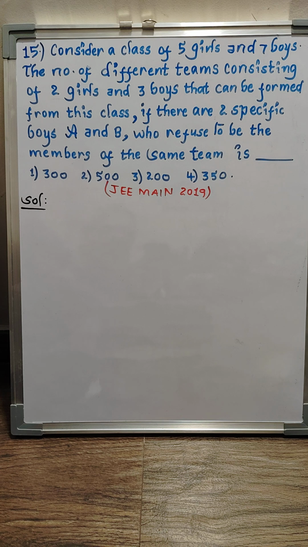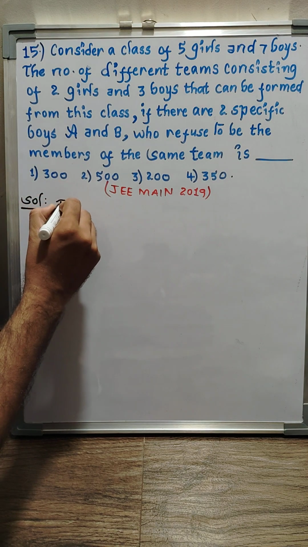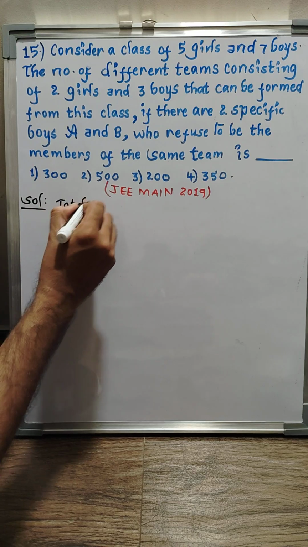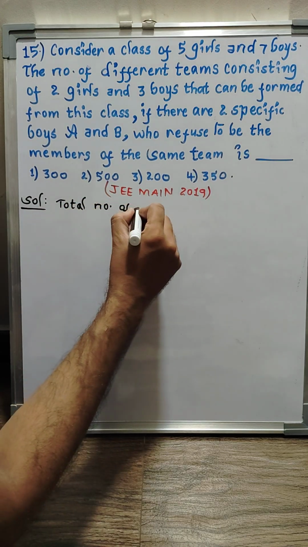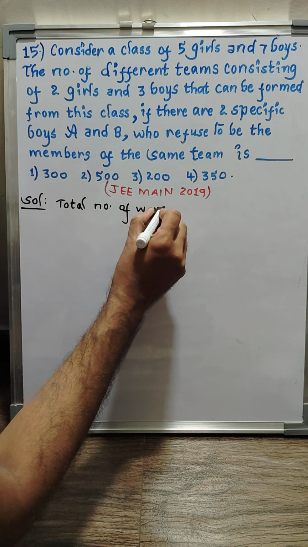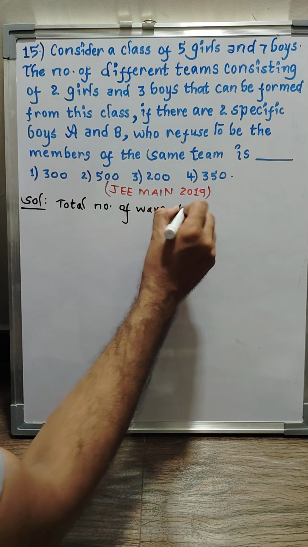First of all, the number of ways of forming the team of 2 girls and 3 boys from 5 girls and 7 boys will be the total number of ways of forming the team.